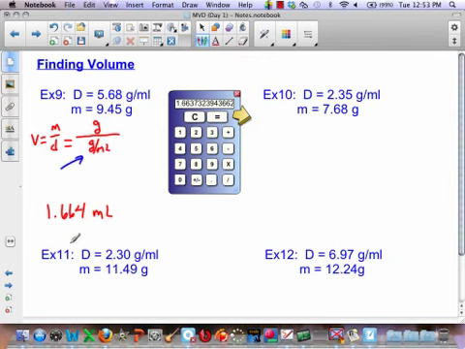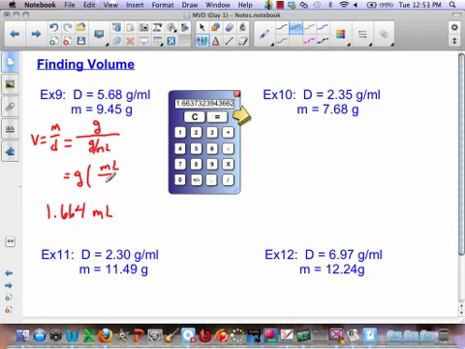A fraction. How do you divide by fractions? Multiply by the reciprocal. All right, so what this is going to become then is grams times milliliters over grams. And now what happens? You get milliliters. Grams get taken out, we're left with milliliters. So again, our formula works.